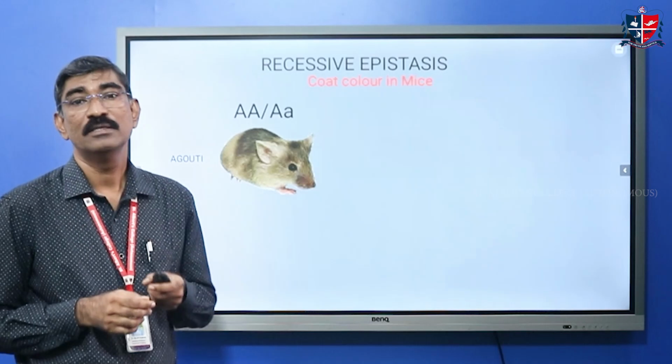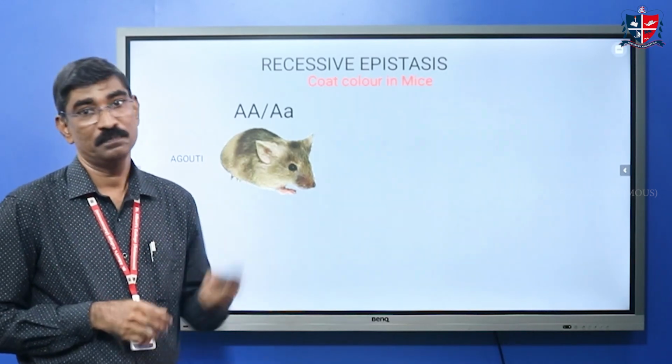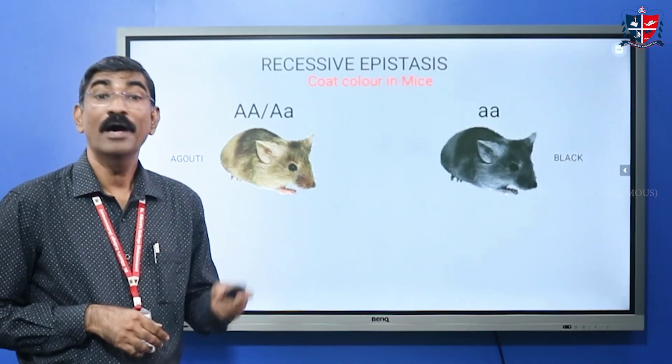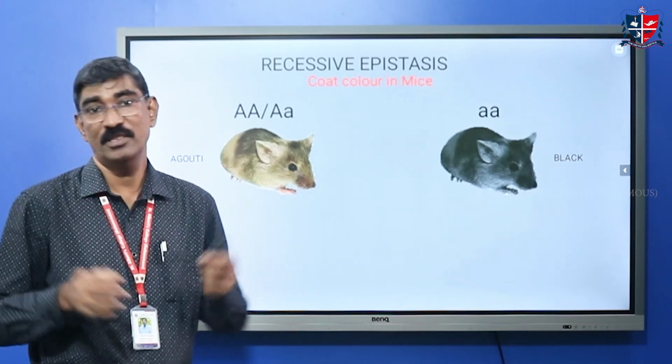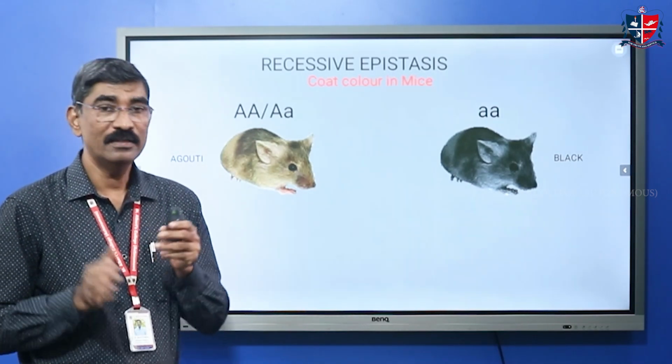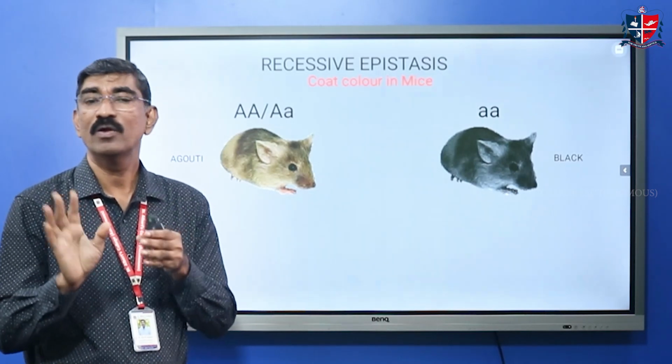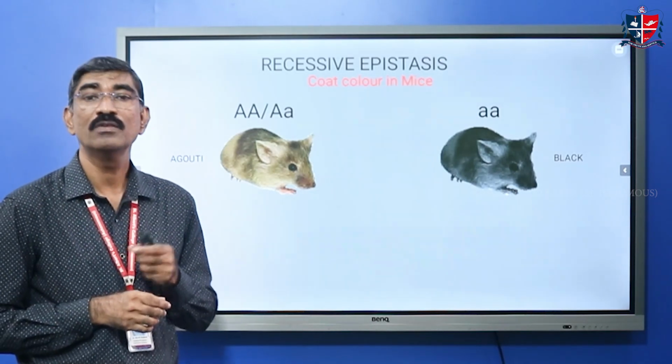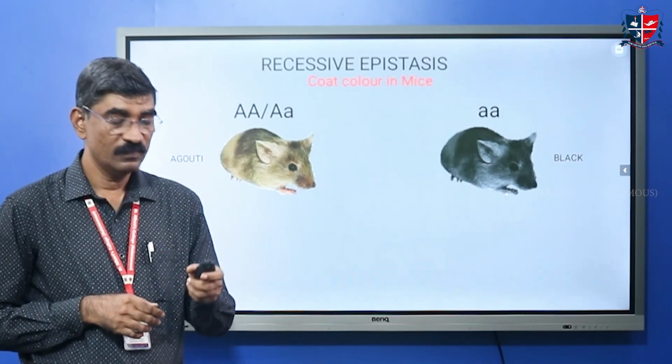In both cases, the color will be agouti. The recessive condition of the same gene will produce black coat color, and the recessive condition will have only one genotype, that is small a, small a.